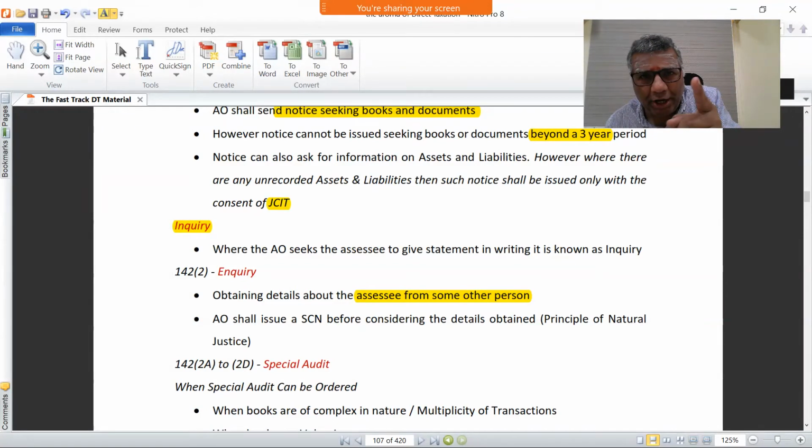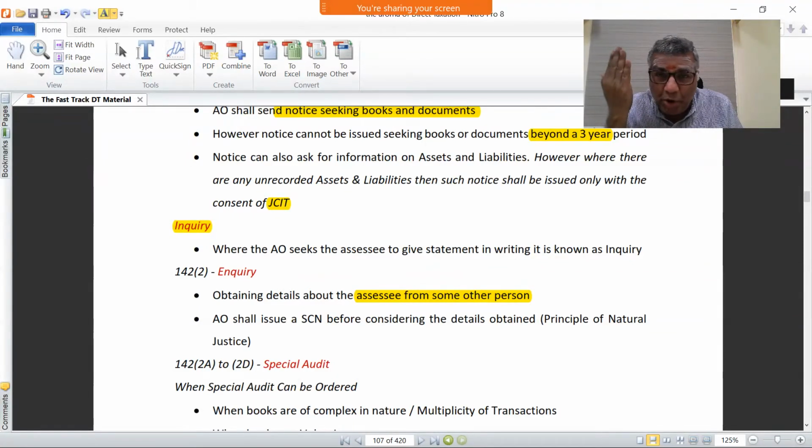Now I am going to use it. I'll give you an example. I got from your supplier or I got from your customer that the total sales by you to that customer is 90 lakhs.